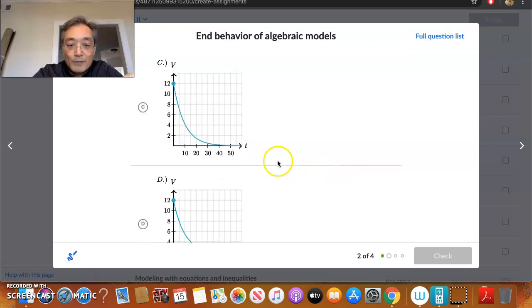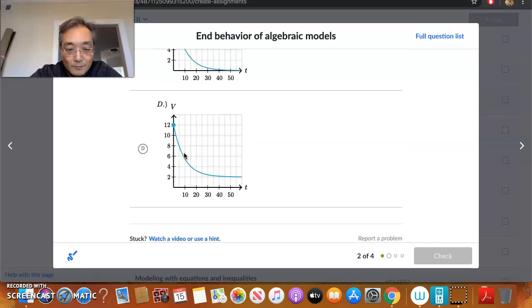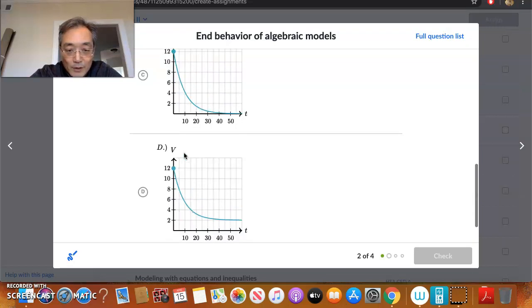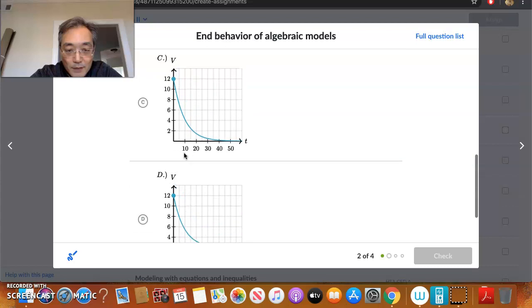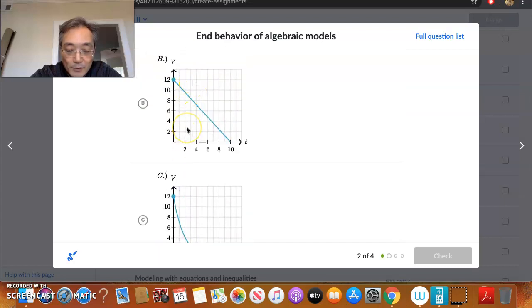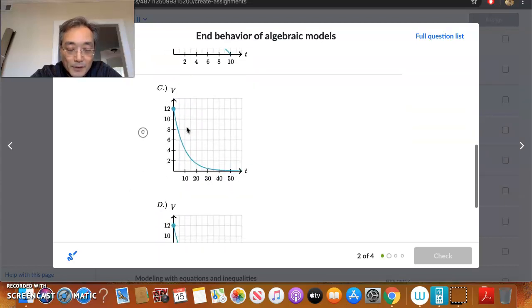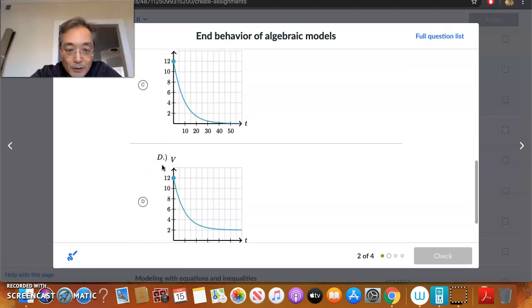Every year he's losing a little bit less. So it looks like A and B are linear functions, so that doesn't make any sense. However, C and D definitely look like they can make sense.